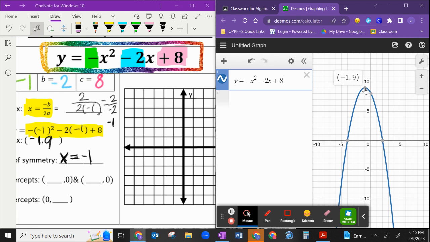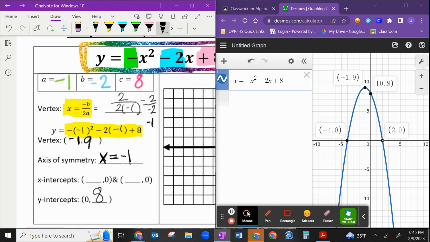From there, I can see my vertex, my y-intercept right here, because it's crossing the y-axis, and I have a value for the y. So that's an 8. And then I have my 2 x-intercepts, -4 and 2.